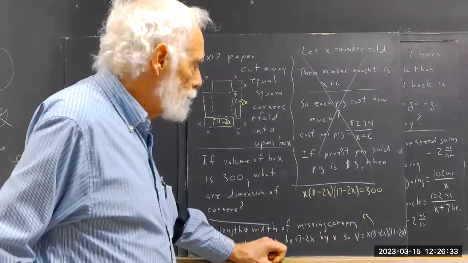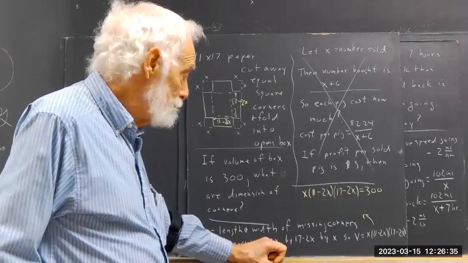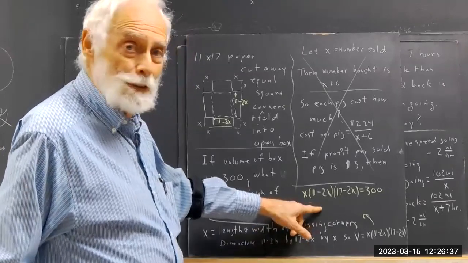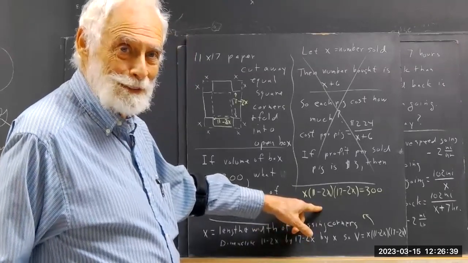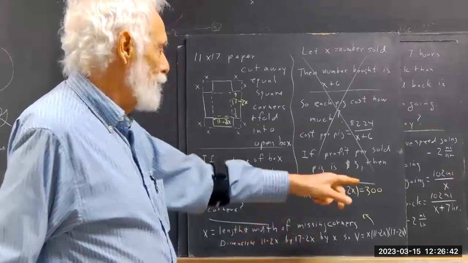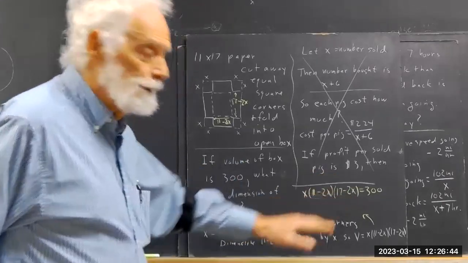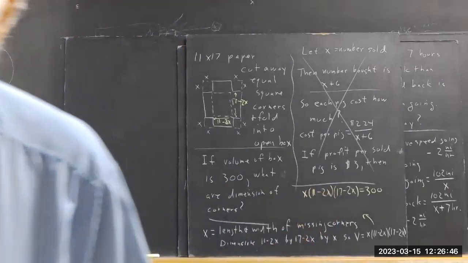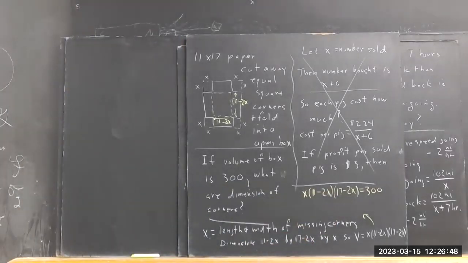Now, at this point, this isn't quadratic. This is cubic. So that becomes much harder to solve, but that's how you could set up the typical problem of folding up the edges of a box.